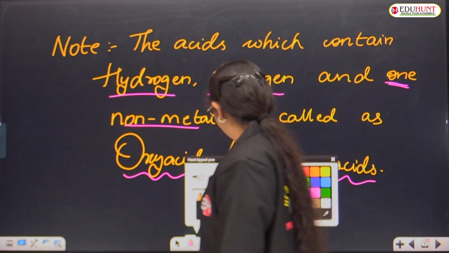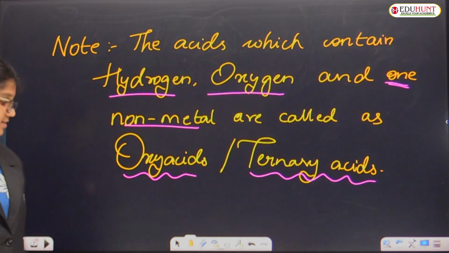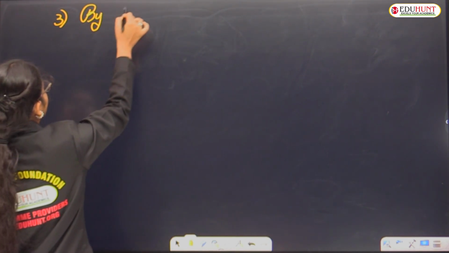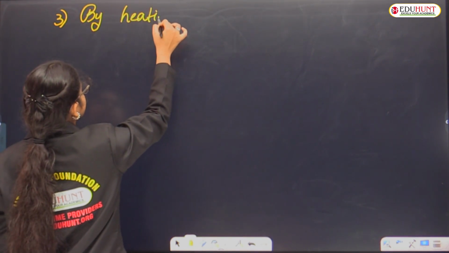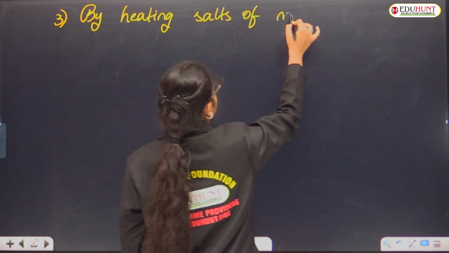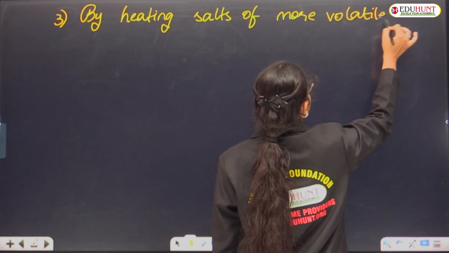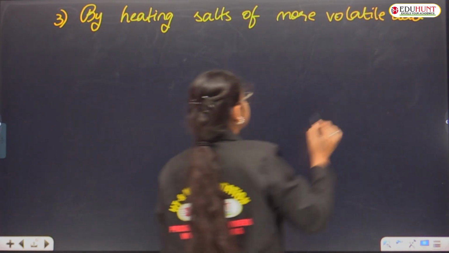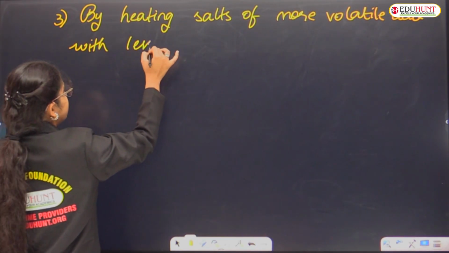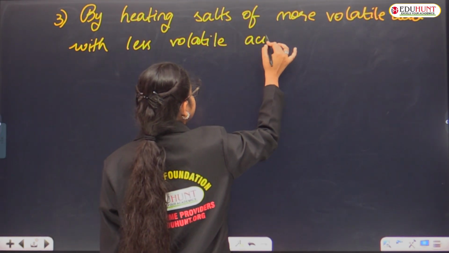What's the next method? Our next method, third method is by heating salts of more volatile acid with less volatile acid.